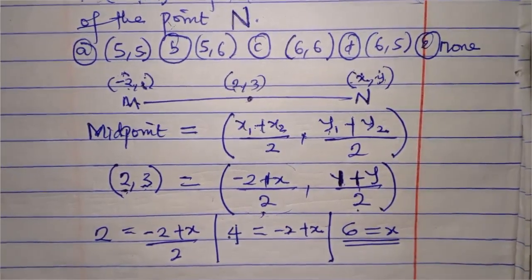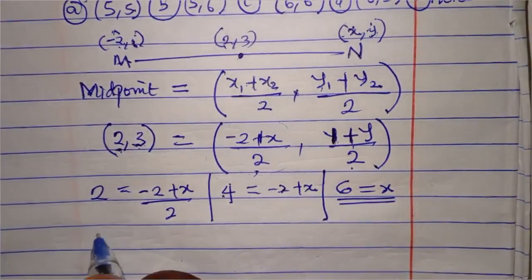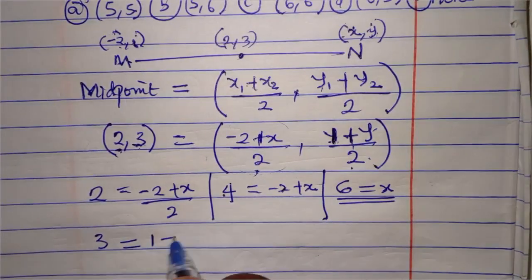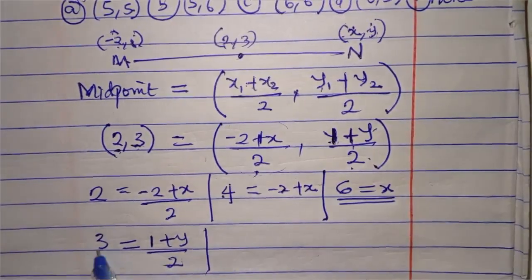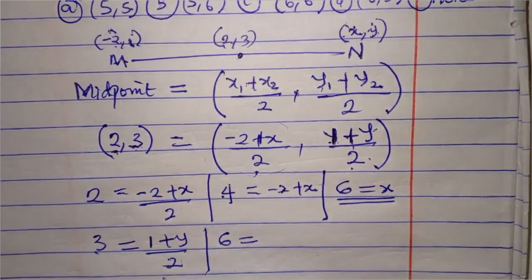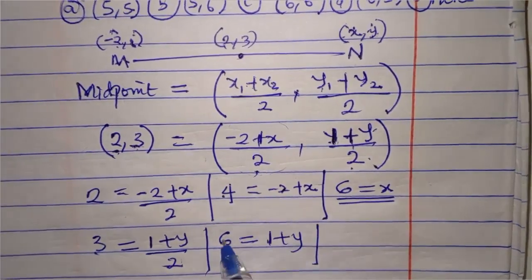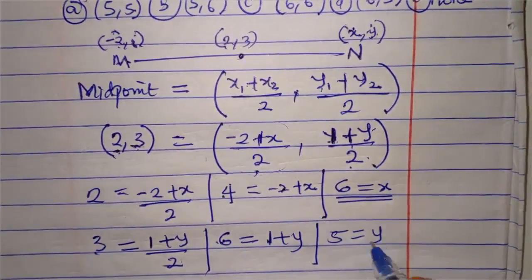x is 6. What is y? In the same way, 3 is equal to 1 plus y over 2. If you cross multiply, 2 times 3 is 6, equal to 1 plus y. So if the 1 crosses to the other side it becomes minus, we have 6 minus 1, which is 5, equal to y.